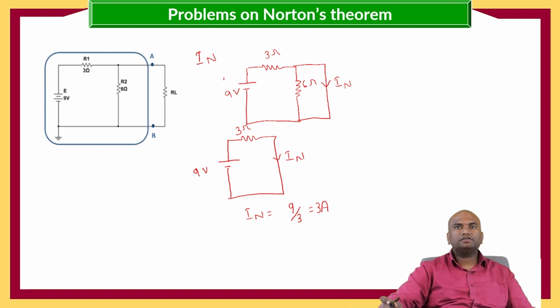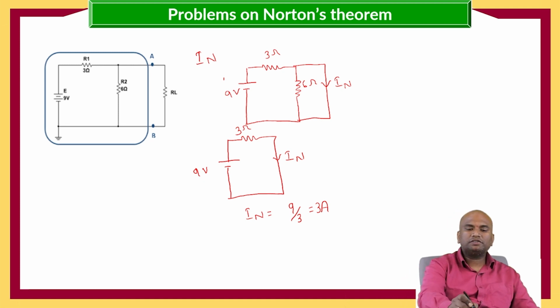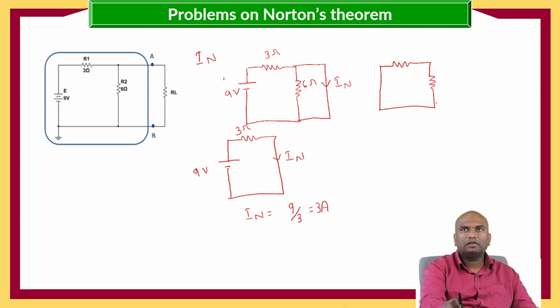Now let us go with the Norton's resistance. For calculating Norton's resistance, we need to replace the voltage source with short circuit and current source with open circuit. In our problem, we are having only a voltage source. So that voltage source is replaced with a short circuit and RN.